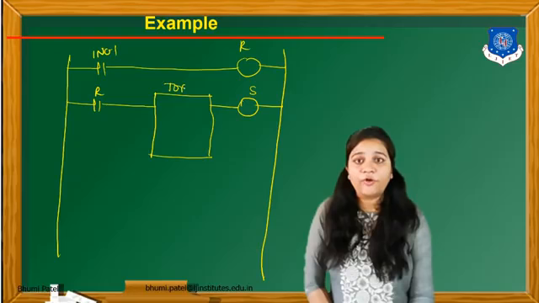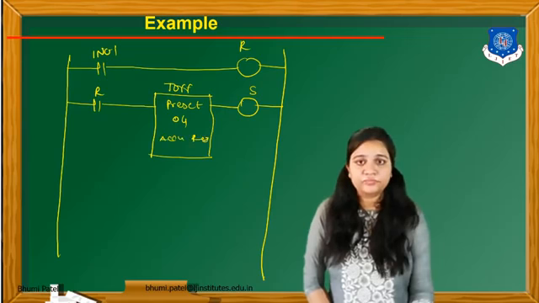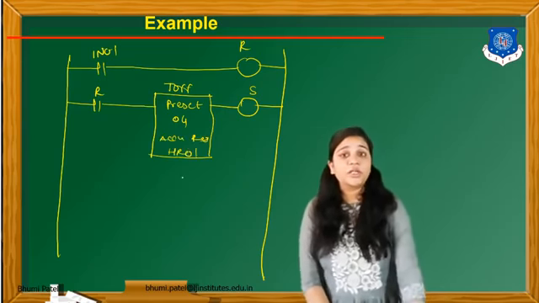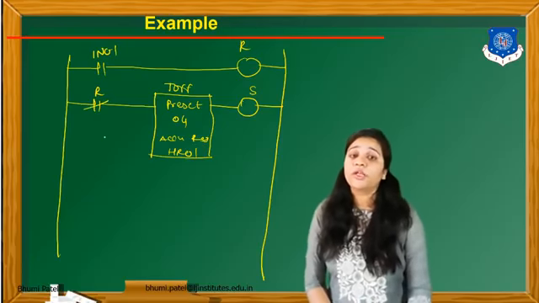This is T off delay. The format is the same. We can take the preset value 4 seconds, accumulator register HR01, but here we have to use the T off timer. Okay, so we can take R as a normally closed contact.